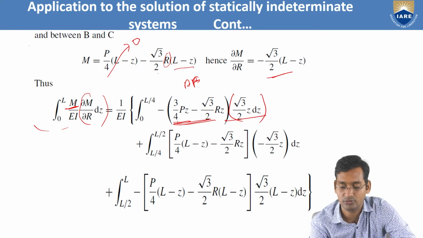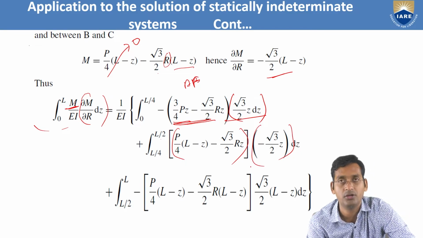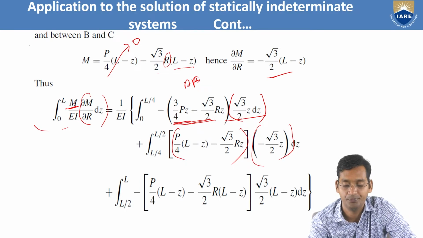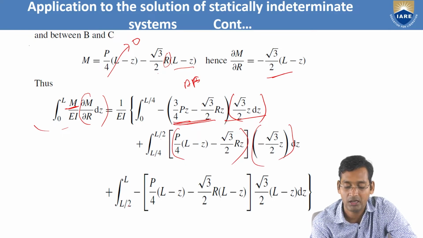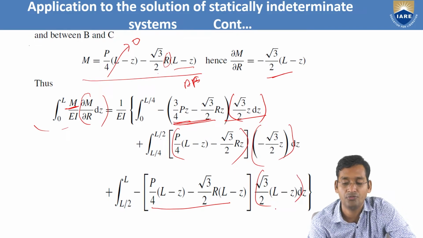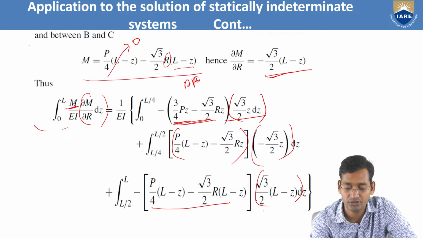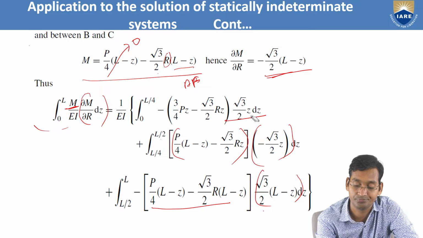From L by 4 to L by 2, this we got as moment, and this we got as dou M by dou R. Similarly for the third one, L by 2 to L, this is the moment equation that we got, and this is the value of dou M by dou R. So now after substituting we will get this value.